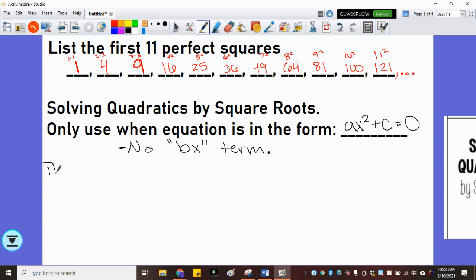Okay, so you get x squared alone. Then we'll take square root of both sides.